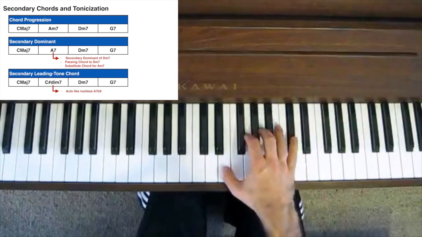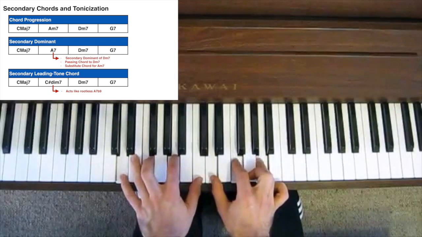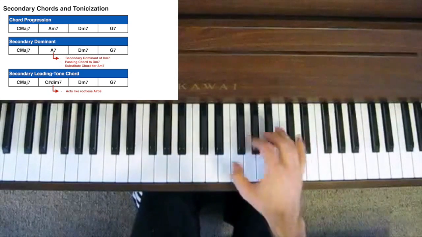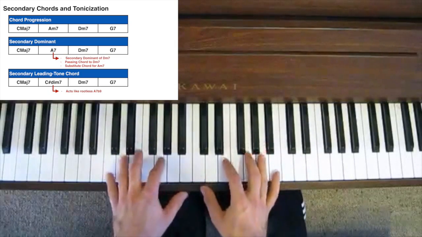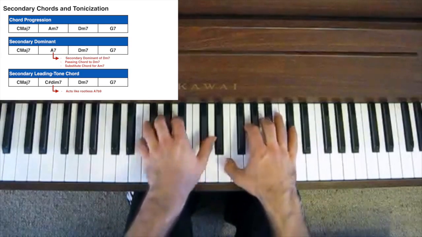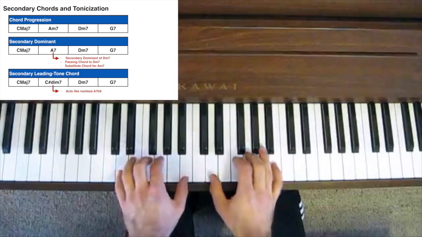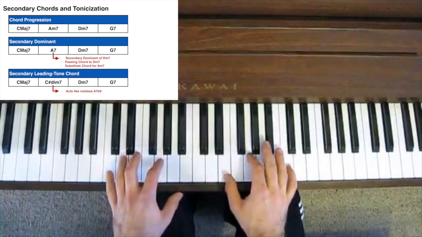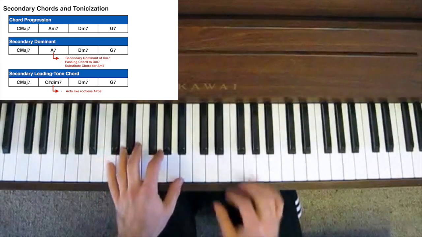So we're going to put in the A7 in front of the D minor 7, and we're going to do that in place of the A minor 7. So now our chord progression is going to look like this: C major 7 to A7 to D minor 7 to G7 to C major 7 again. So now it's going to sound like this.